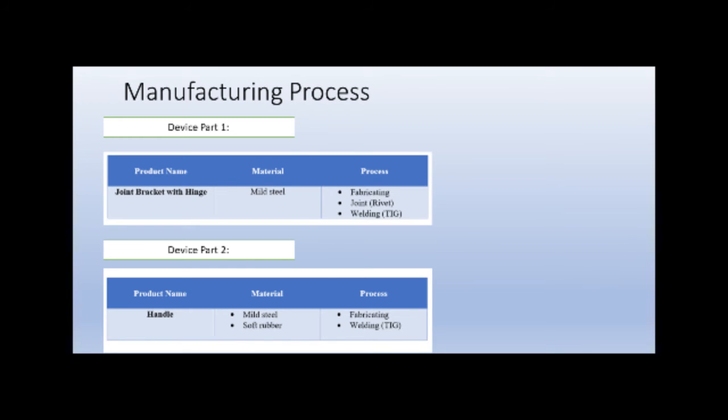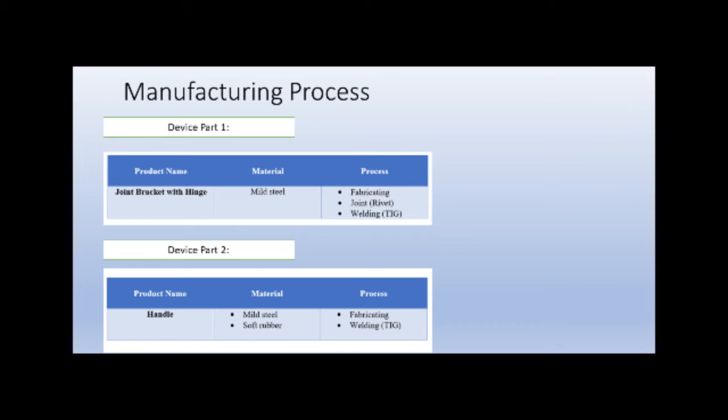Manufacturing process, device part 1. The material used is mild steel and the processes involved are fabricating, joining, which is riveting, and also welding, which is tungsten inert gas. For the handle, the materials used are mild steel and soft rubber. Fabricating and welding are their processes.